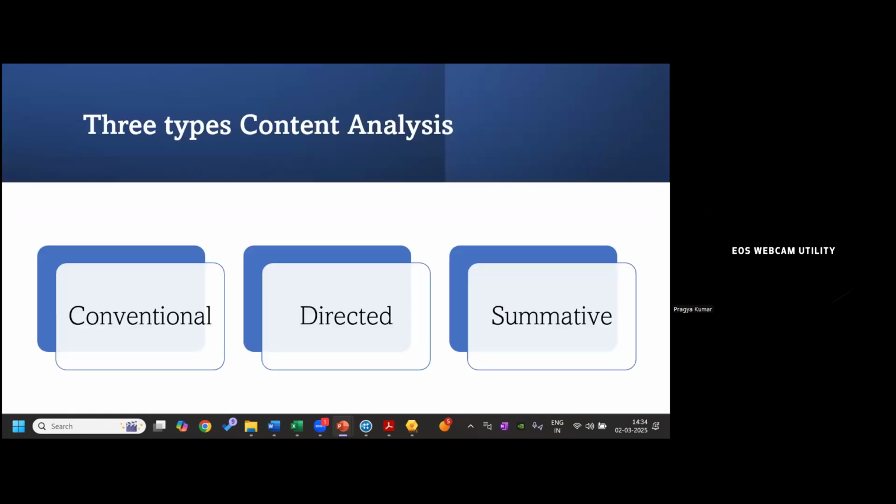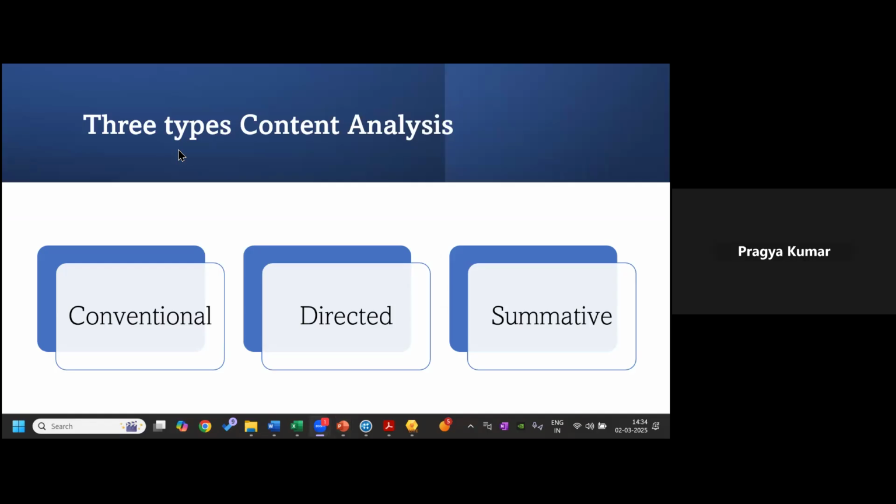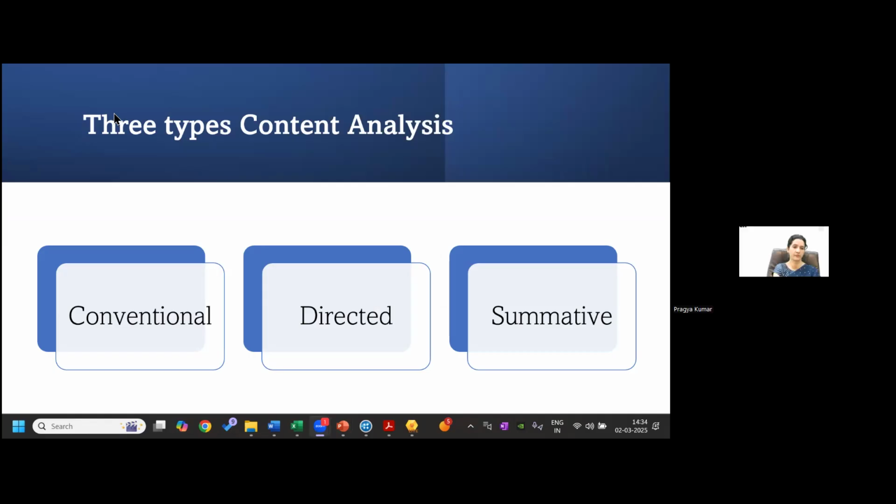So coming to content analysis. Content analysis is basically of three types: a conventional content analysis, a directed content analysis, and a summative content analysis.